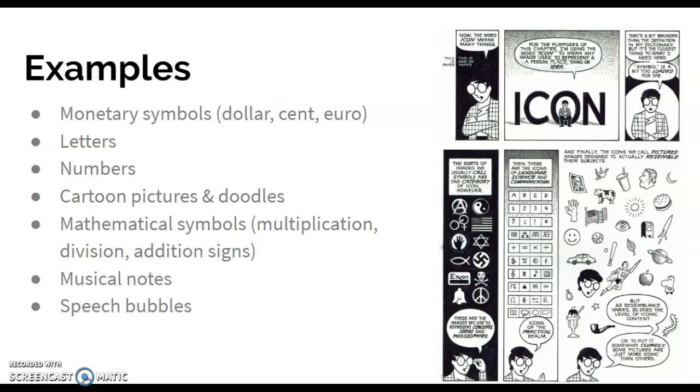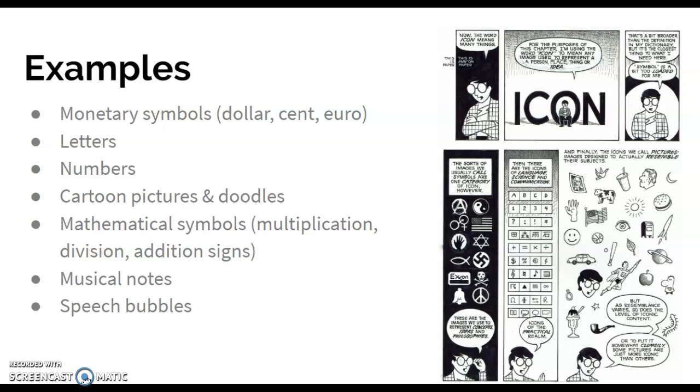Here are some examples of icons. There's monetary symbols like dollars, cents, euros. There's letters, numbers, cartoon pictures and doodles, mathematical symbols like multiplication and addition signs, musical notes, and speech bubbles. There's a lot more.